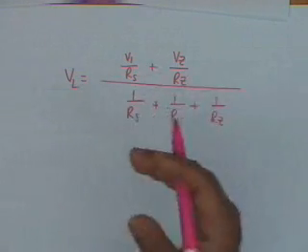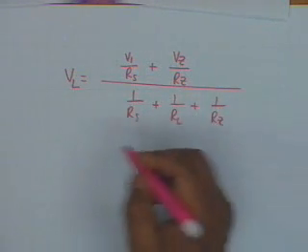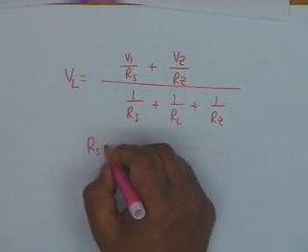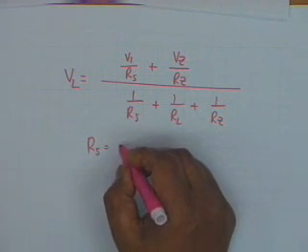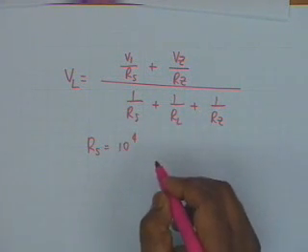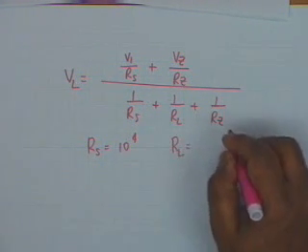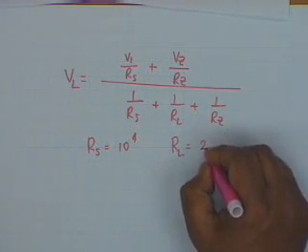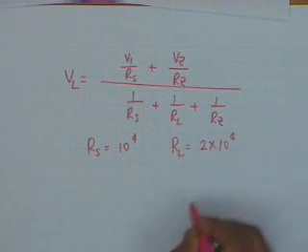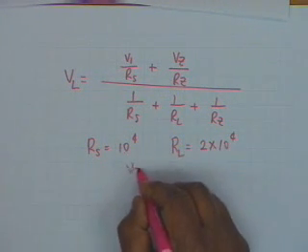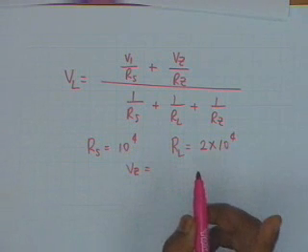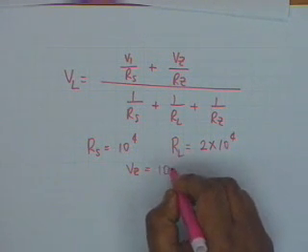To get an idea, let us take some typical values. Let us say RS is 10K, 10 to the 4. Let us say RL is 20K, that is 2 times 10 to the 4. And let us say VZ, the load voltage I want to maintain constant at, let us say 10 volts.